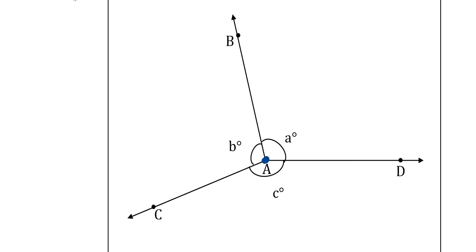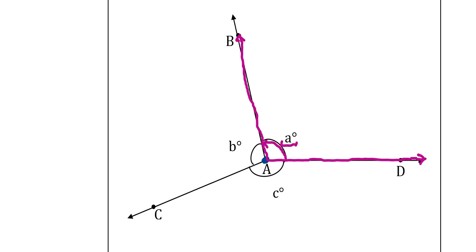The first angle we see is angle DAB. This goes from here to here, and that gives us measure A. So that's A degrees.